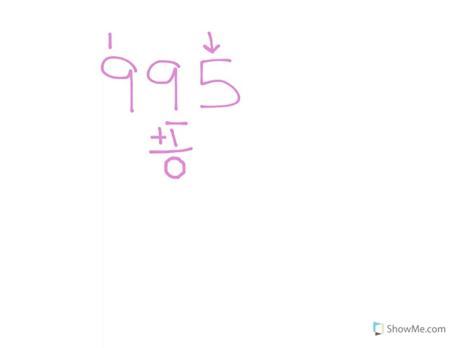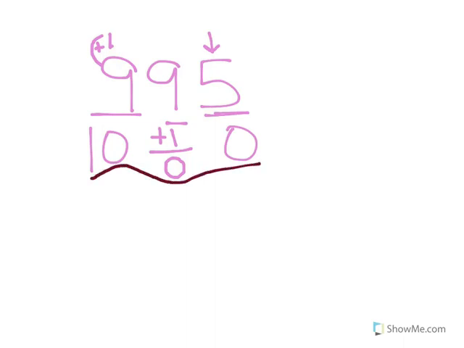I have to add again because I can't just have this 1 hanging out with this 9 without adding it. So 9 plus 1 gives me 10. And of course everything to the right, the 5, turns into a 0. So really, I'm left with 1, 0, 0, 0, which is 1,000.